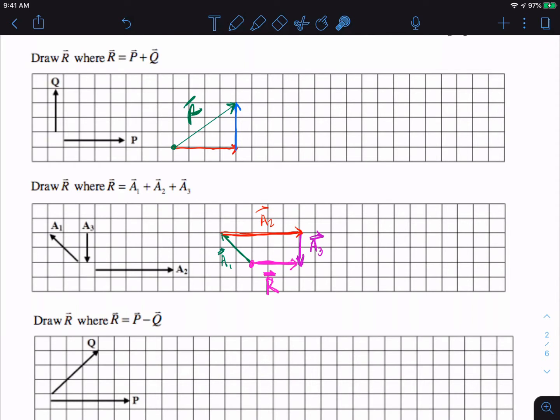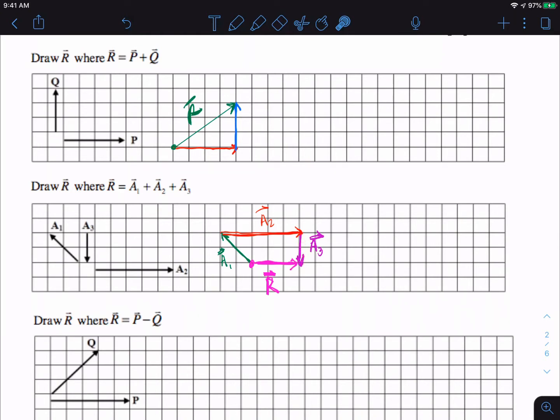Okay. Then I'm taking and dragging this guy to the head of A, and that's where my A2 is. And it's still got a magnitude of 5 blocks. Okay. Then I drag A3 in that position, and it's still got to keep the exact same position.